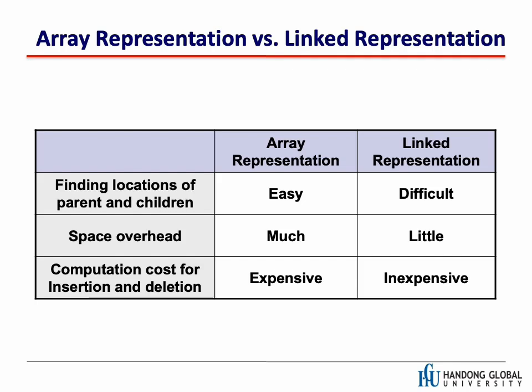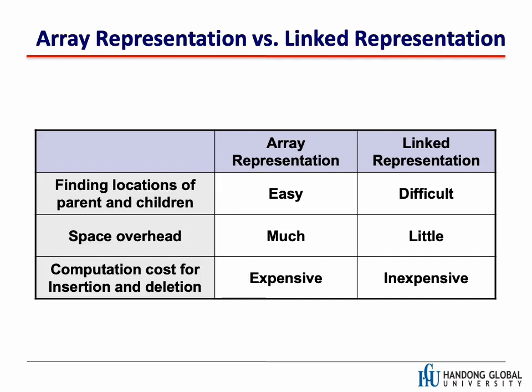The next one is computation cost for insertions and deletions. As we've seen in the array representation of a list, whenever we insert or delete, we have to shift some part of the array, so it is expensive. But with the linked representation, we don't have to shift anything.